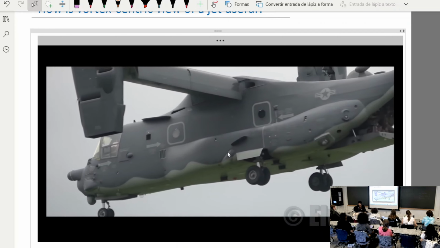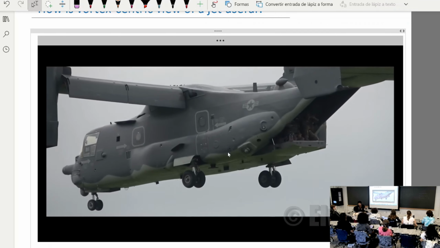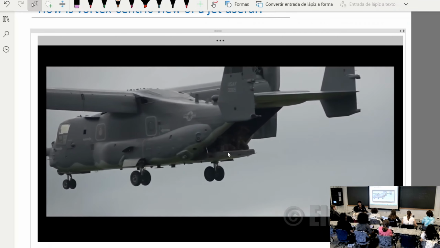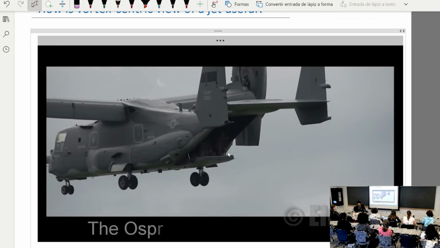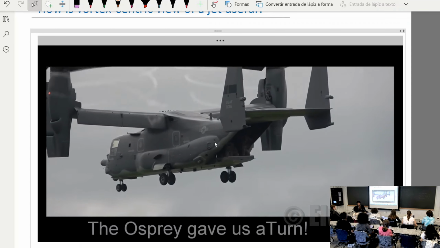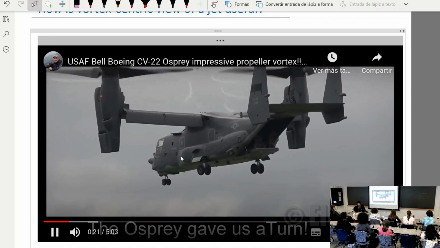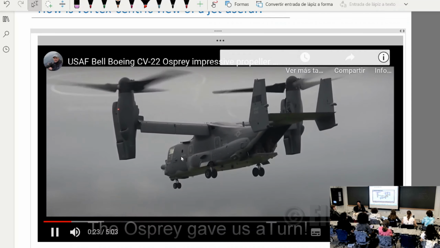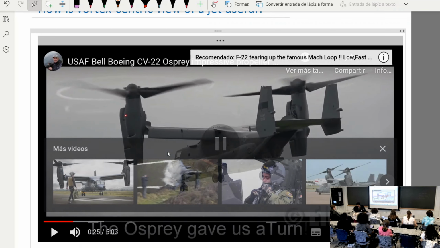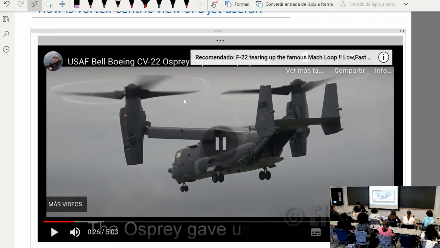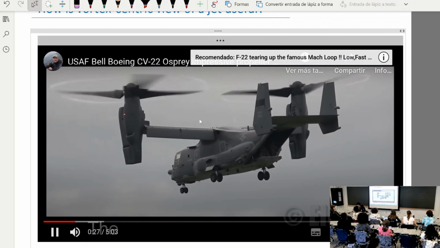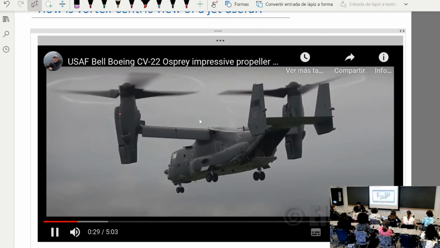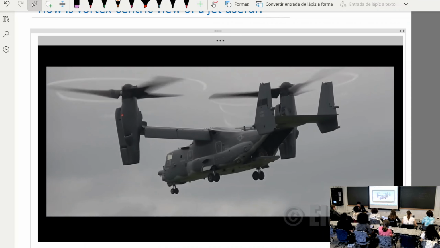You can see these vortices being pushed down by the propeller. Okay. Now it becomes clearer, and let's pause it at some point. Oh, this is not the clearest moment. Let's pause at a moment where the vortices are visible. Okay.